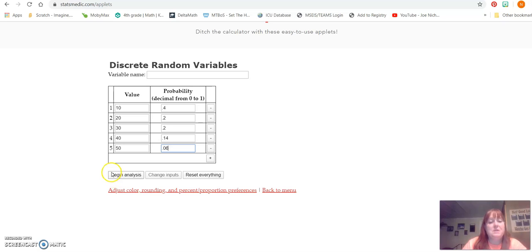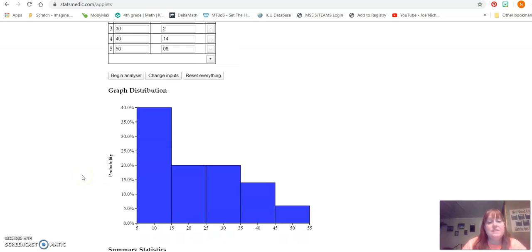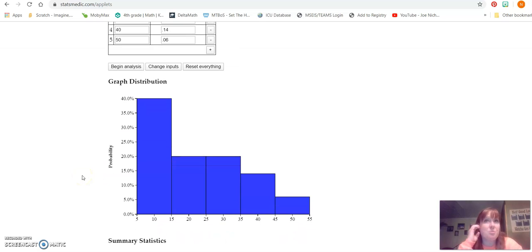Okay, so then we click Begin Analysis, and this is the histogram that shows this, because remember, these are discrete variables, so it's just showing us 10, 20, 30, 40, 50. And so it shows our different probabilities for each. Now we can look at the skew, and we can notice that I get a lot of low numbered balls.